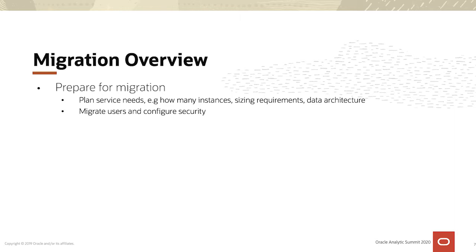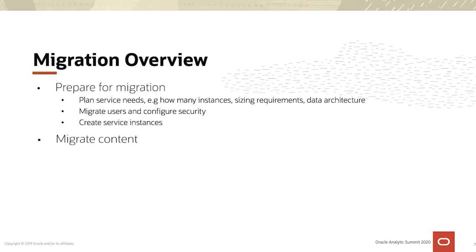Next, you'll want to migrate your users and configure security. The Identity Cloud service is used for identity management in the Oracle Analytics Cloud solution. And next, you'll want to actually create your service instances. And this is easy to do via the OCI console.